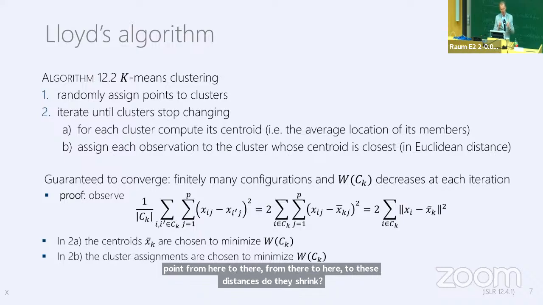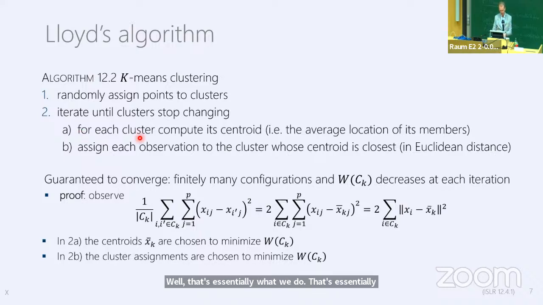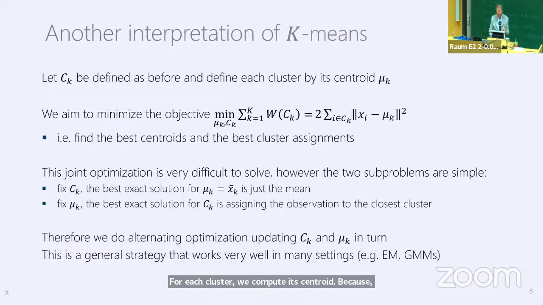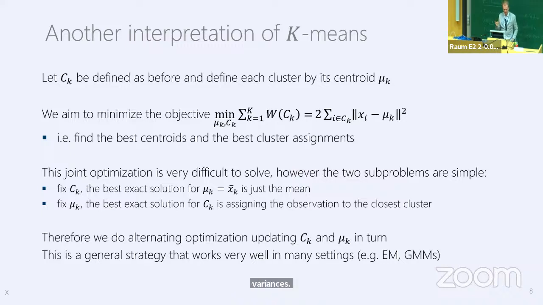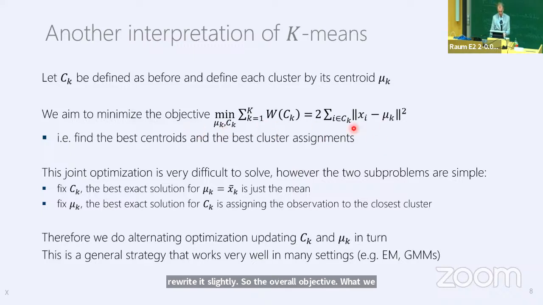But what we rather do instead, for each cluster, we compute its centroid. Let me quickly go here, and then I go back to the other slide. We can interpret how we defined the intercluster variances slightly differently. We can rewrite it slightly. So the overall objective is what we have here.